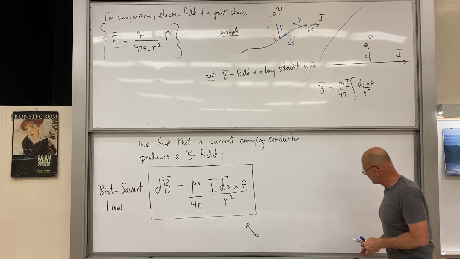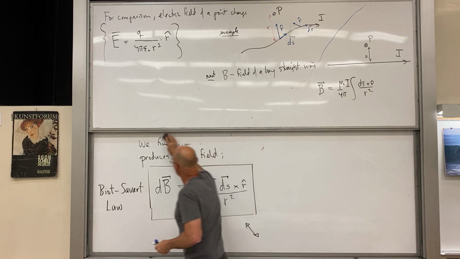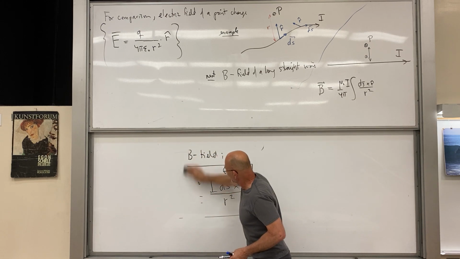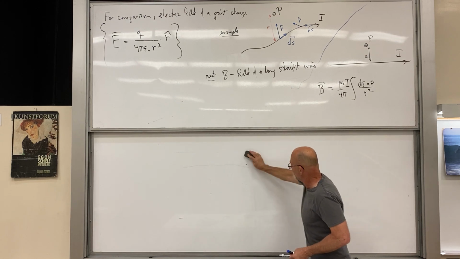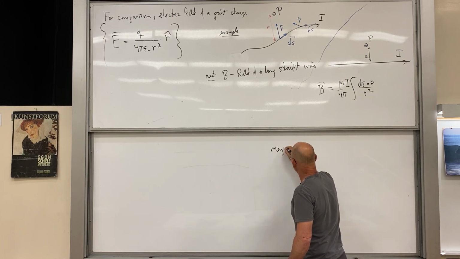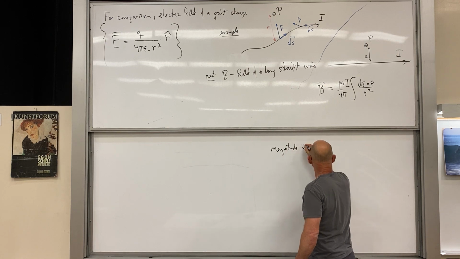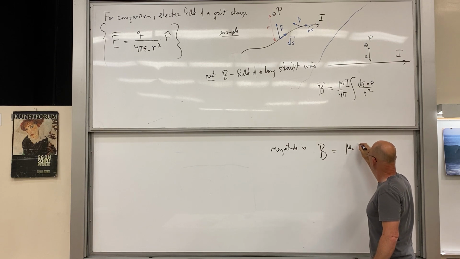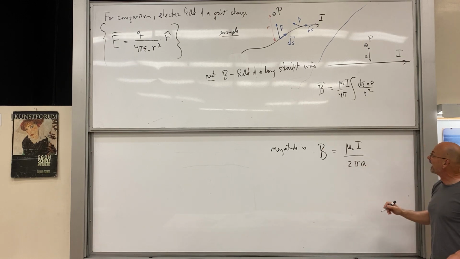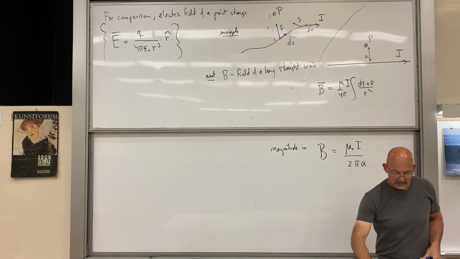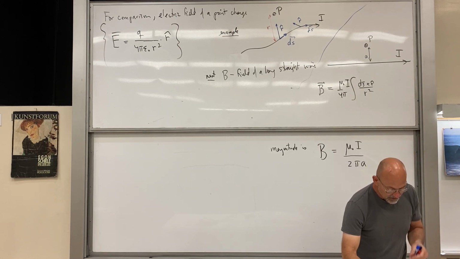So if we carry out the entire integration operation, I'll just write here, the magnitude B is equal to mu naught I over 2 times pi times that distance A. A is the perpendicular distance from the point to the conductor. So that's doing the integration.